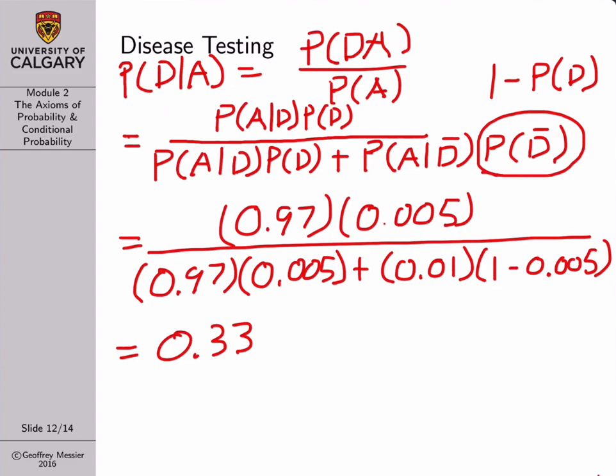So what went wrong? Basically, the problem is our detection rate and our false alarm rate. In particular, our false alarm rate. We're sending people to the hospital that don't have the disease because of false alarms. A 1% false alarm rate seems like it's fairly low, but the problem is the probability the disease occurs is even lower.